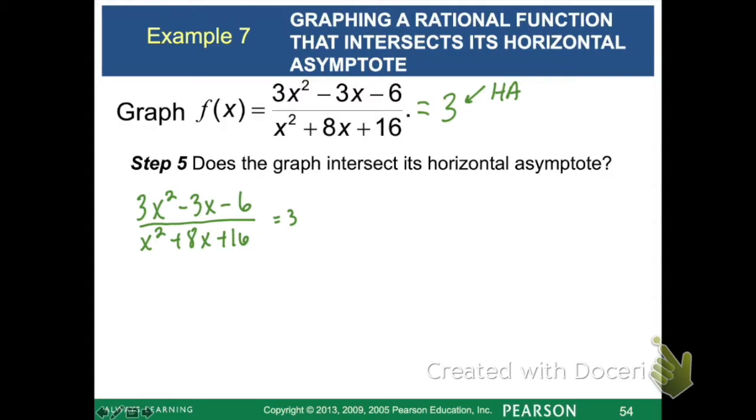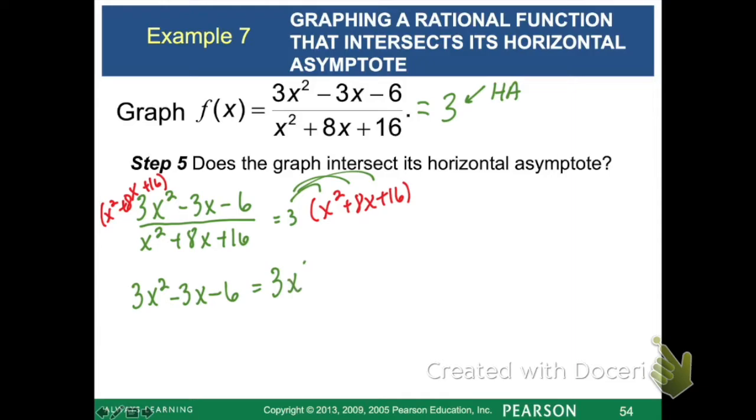So we're just going to take our denominator and multiply it on both sides. On the left side, the denominator cancels out, and I'm left with just the numerator. On the right side, I'm going to distribute that 3.